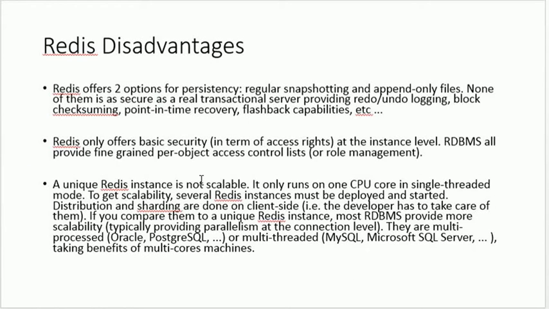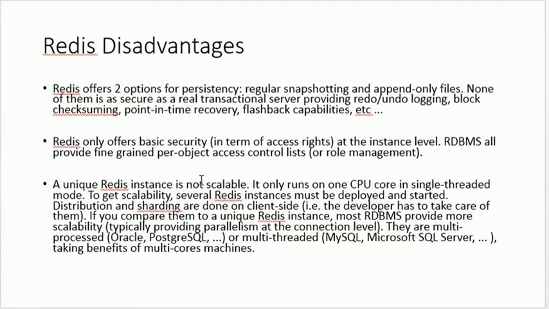There are some disadvantages with respect to the Redis server. It is basically an in-memory concept, so it will consume more memory in the server based on the load. Whenever you do a flushall, it will delete the data.